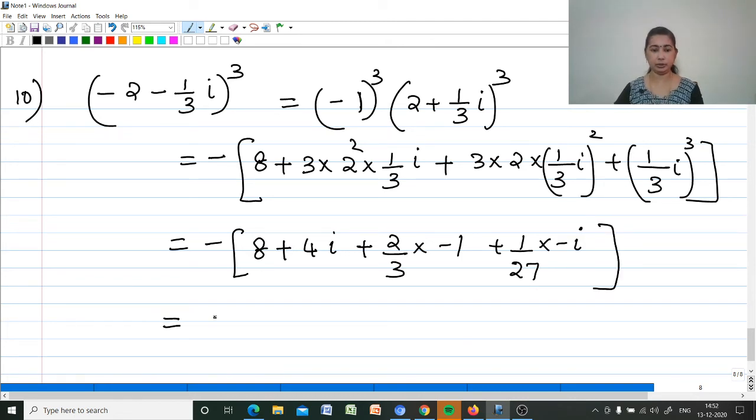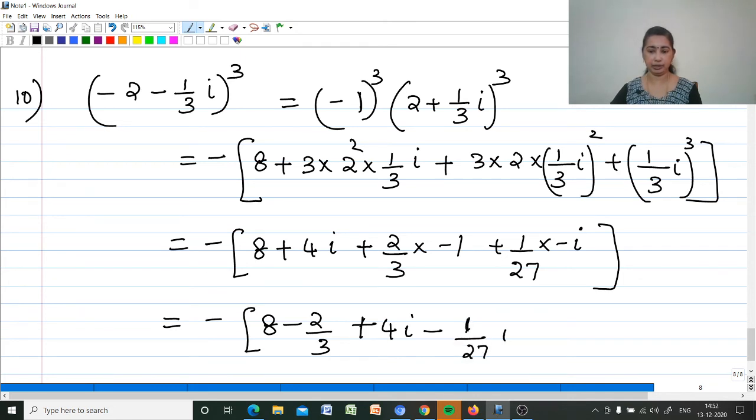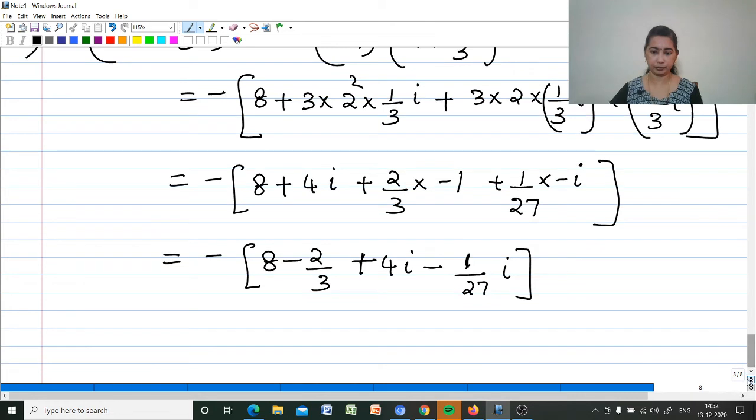Now that is equal to minus of 8 minus 2 by 3, real parts together, then imaginary part plus 4i minus 1 by 27 i, and that is equal to minus of this, cross multiplying: 24 minus 2, 22 divided by 3.